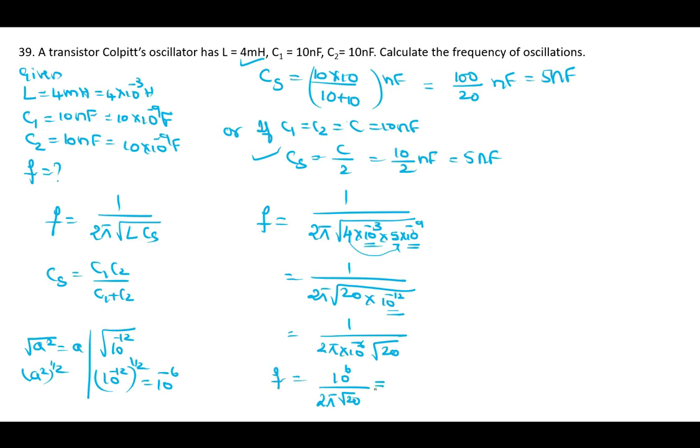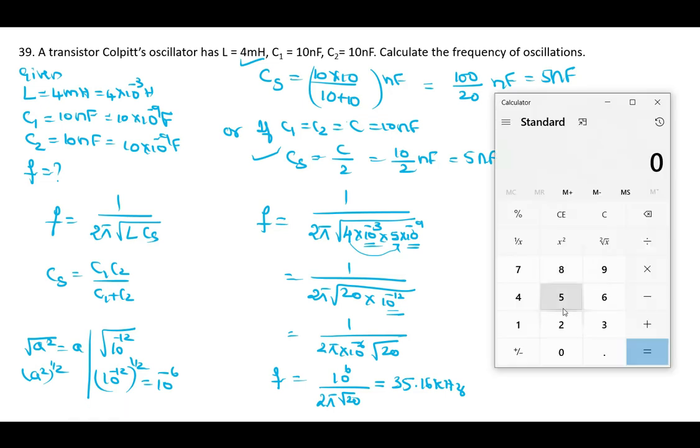If I do this calculation, I will get 35.606 kilohertz. I'll show this calculation right now. Let us see first root 20. I got this. This should be multiplied by 2. This should be multiplied by 3.14, that is pi. I got 28.085. Up to 3 decimals is enough.